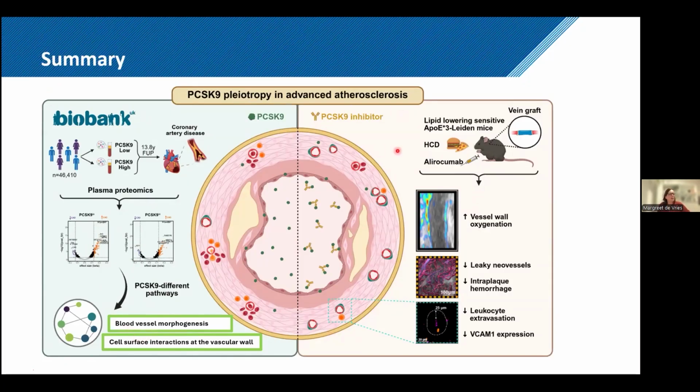And if we use PCSK9 inhibitors, we could see a reduction of the vessel wall and a reduction of the amount of macrophages in this vessel wall. We see an increase of vessel wall oxygenation that was related to a decrease of leaky neovessels and a decrease of intraplaque hemorrhage. And this was not only the leakiness of the red blood cells, but we also saw a reduction of leukocyte extravasation, especially T cells, as a result of reduced VCAM expression.